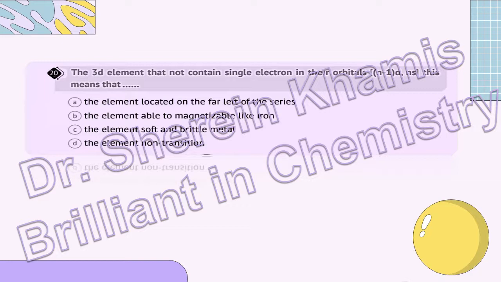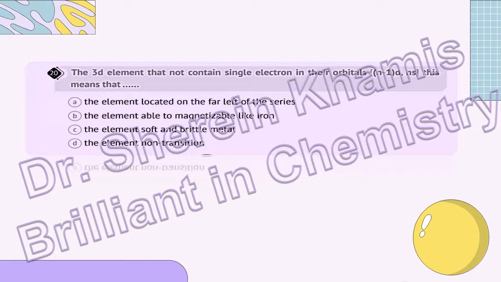so we have our choices here, meaning an element located on the far left of the series, or elements that are able to be magnetized like iron, maybe one, it will have 3, or it contains 3s. 3s means that it will not be like iron at all.